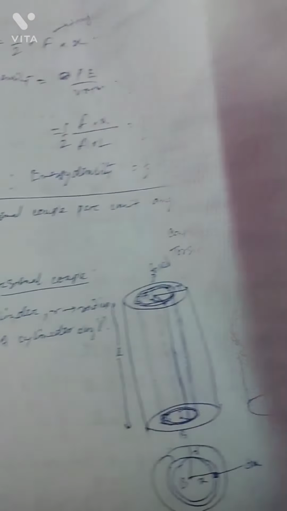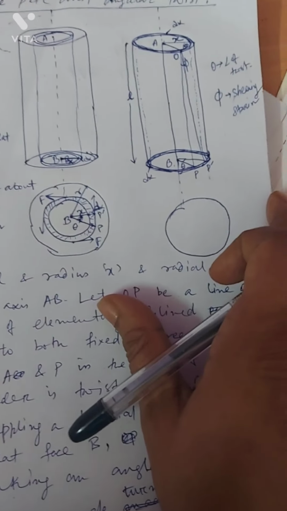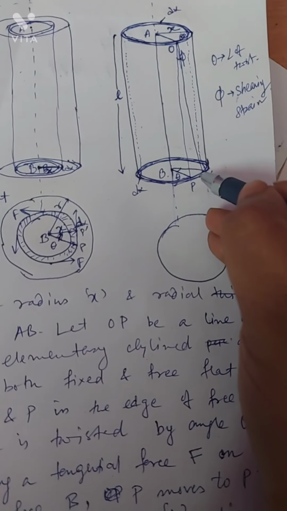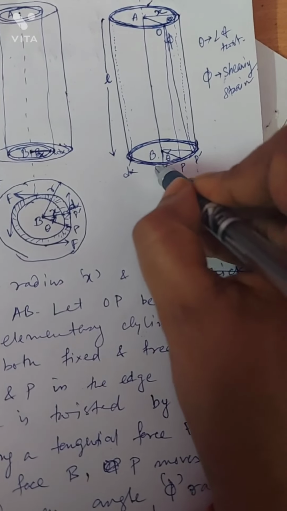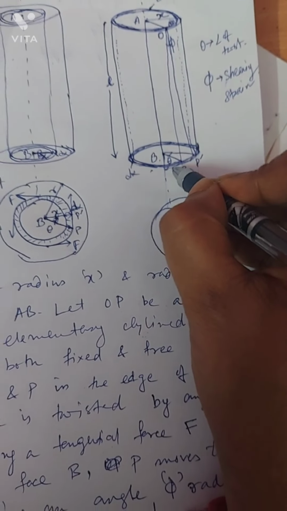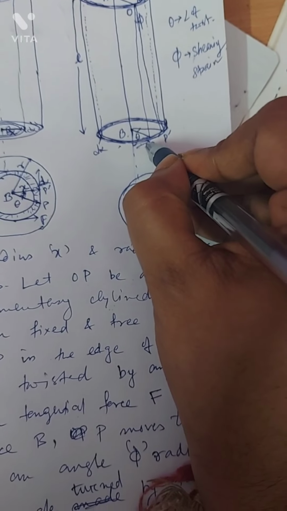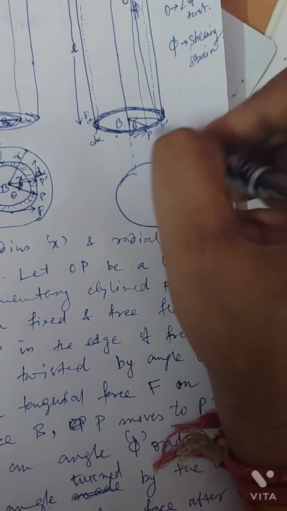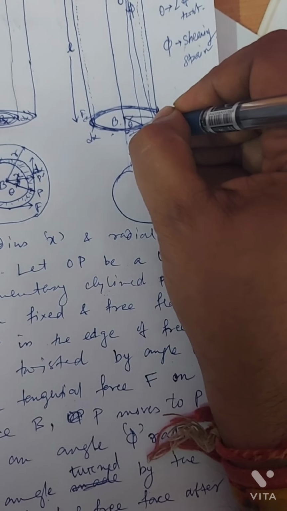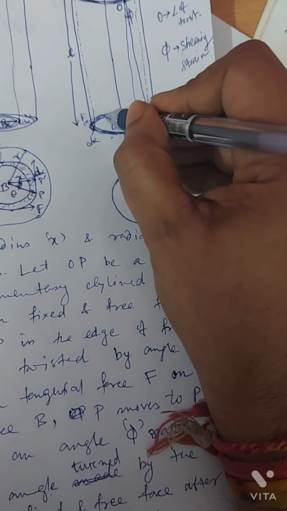Now for this hollow cylinder, the force is applied tangentially in this direction, and in opposite to it, say here. So this force is applied tangential to which area? This area, fine.